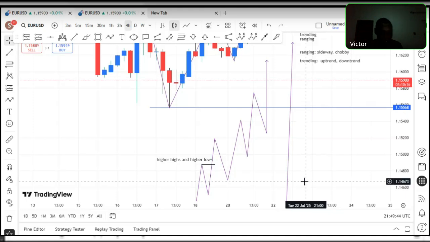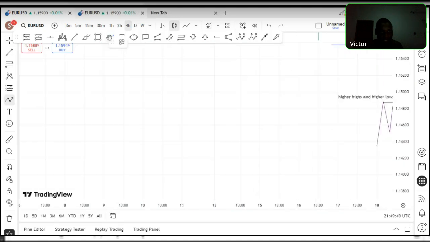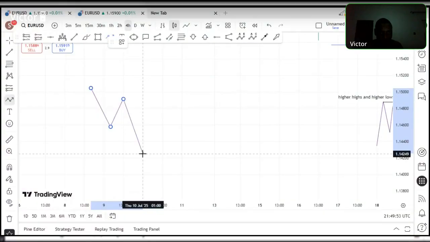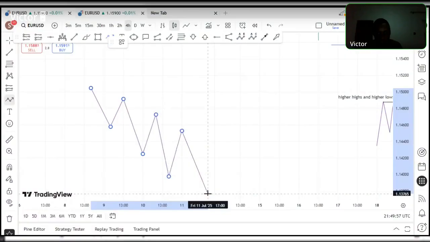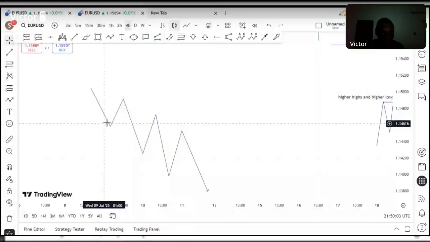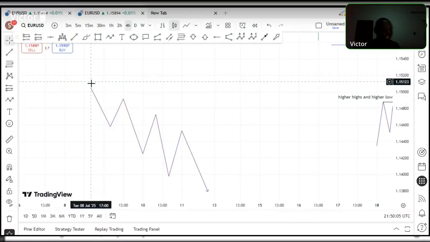Now, the downtrend is also the same thing, but this time it's coming downwards. I won't spend much time here because with the knowledge of the uptrend, you are supposed to know it. The downtrend doesn't carry higher highs and higher lows. It carries lower highs and lower lows.